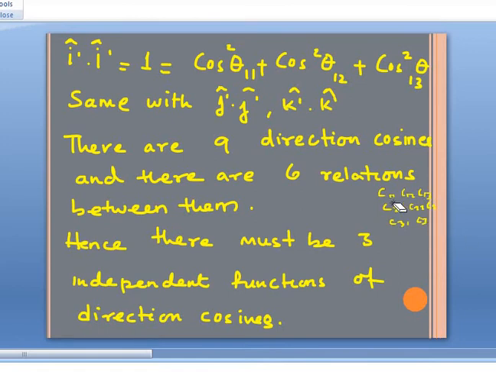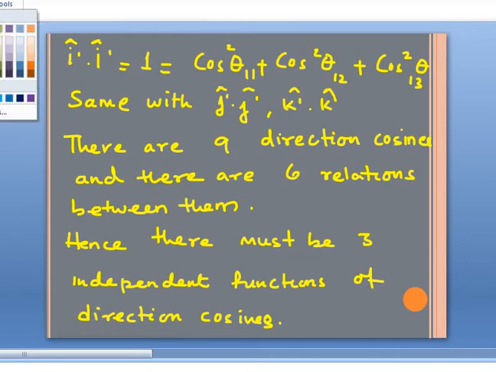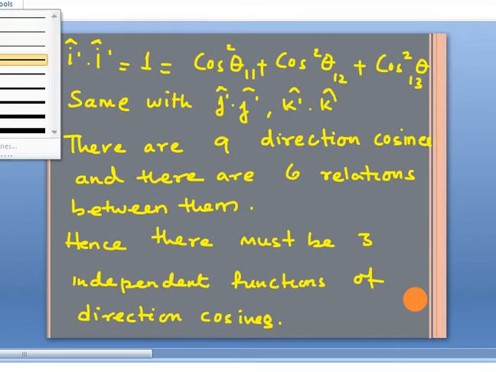So we have 9 direction cosines, and then we have 6 relations connecting them, like i dot i is equal to 1, j dot j is equal to this, k dot k is equal to this, and so on. So we have 6 relations. So what will be the independent functions? From this we realize we will have 3 independent functions.